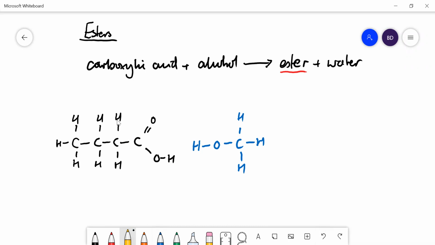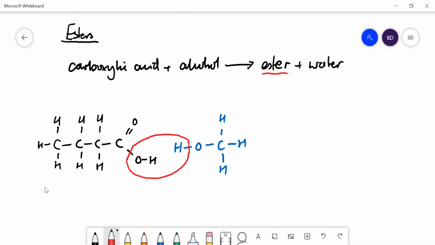Now what happens is you break a bond here, and you break a bond there, and you eliminate this molecule of water. You can see there's two hydrogens and an oxygen there, and the blue oxygen is going to form a new bond to the carbon in the carboxylic acid. So if I draw that, I'll draw it down below.